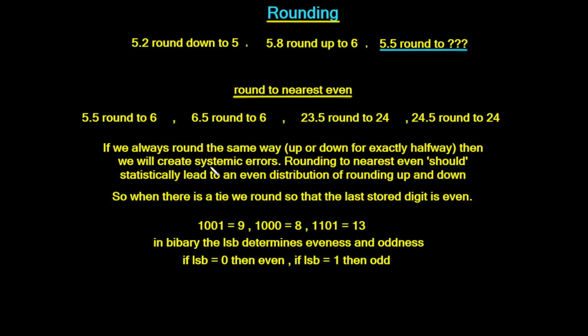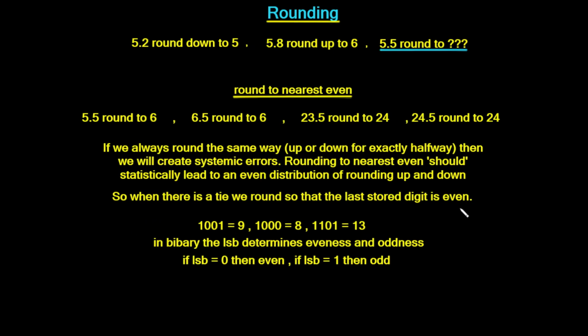That is, if we continually round in one direction, then we'll continually increase an error value. So the rounding to nearest even should statistically lead to an even distribution of either rounding up or rounding down, as we expect to be working with numbers that are both even and odd, statistically speaking, the same number of times.